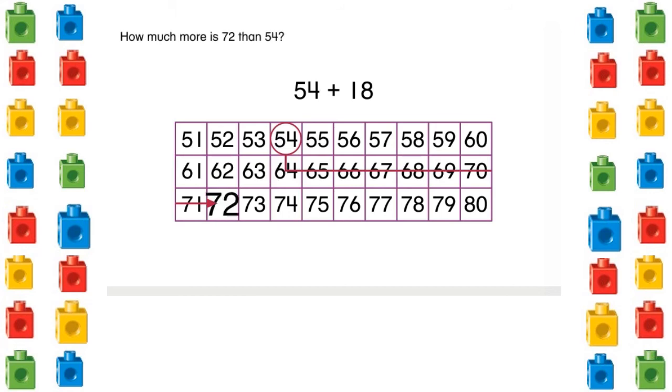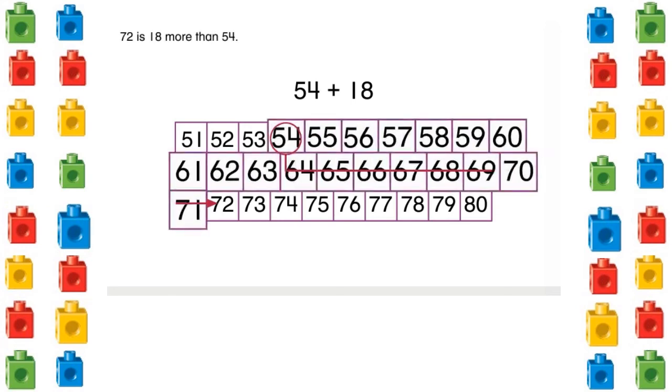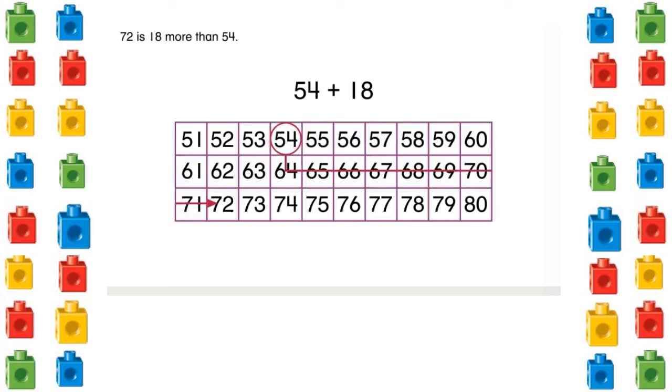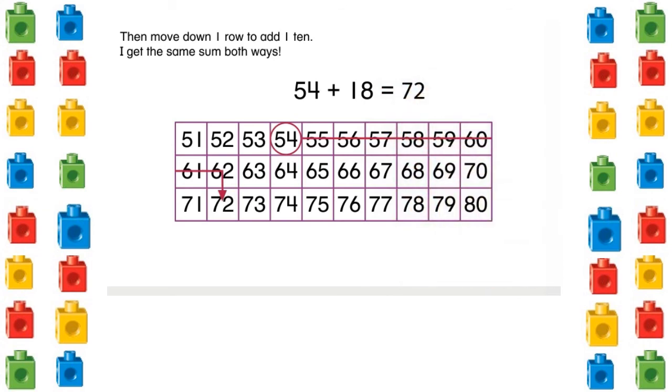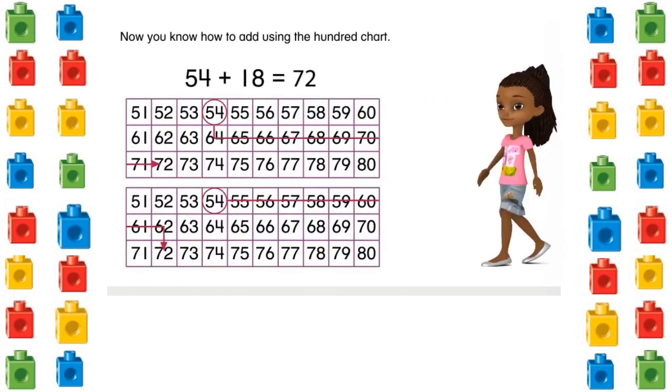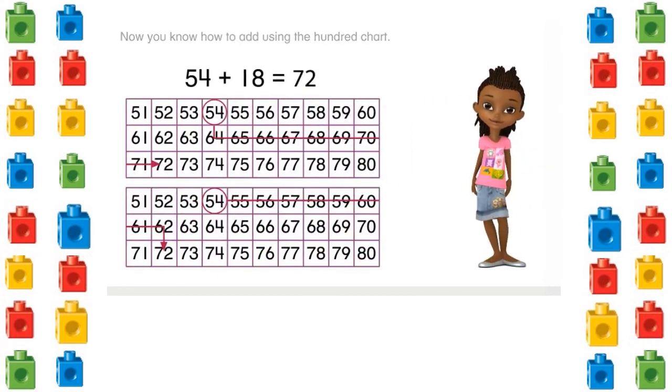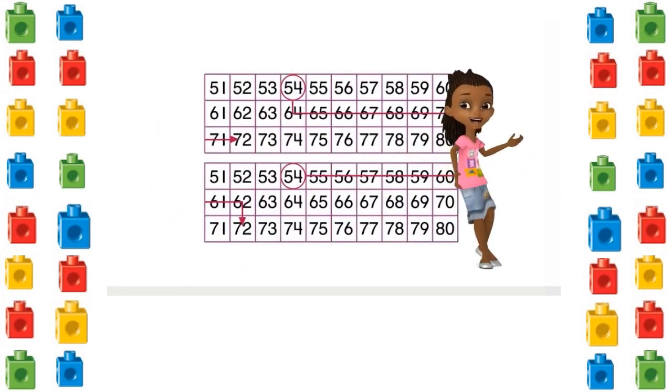How much more is 72 than 54? 72 is 18 more than 54. Another way is to add the ones first. Move ahead 8 to add 8 ones. Then move down one row to add 1 ten. 54 plus 18 equals 72. I get the same sum both ways. Now you know how to add using the 100 chart. I can add really fast with the 100 chart.